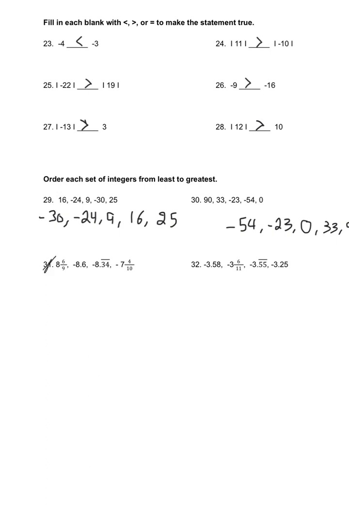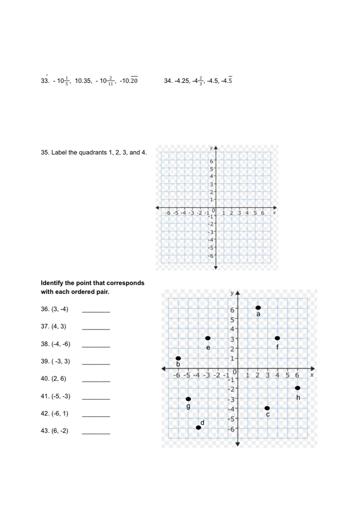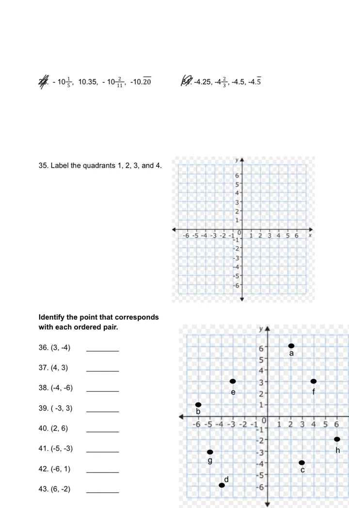31 and 32 are getting skipped. And on the next page, 33 and 34 are getting skipped. For number 35, we are labeling the quadrants. I like to think of a C when I label these.